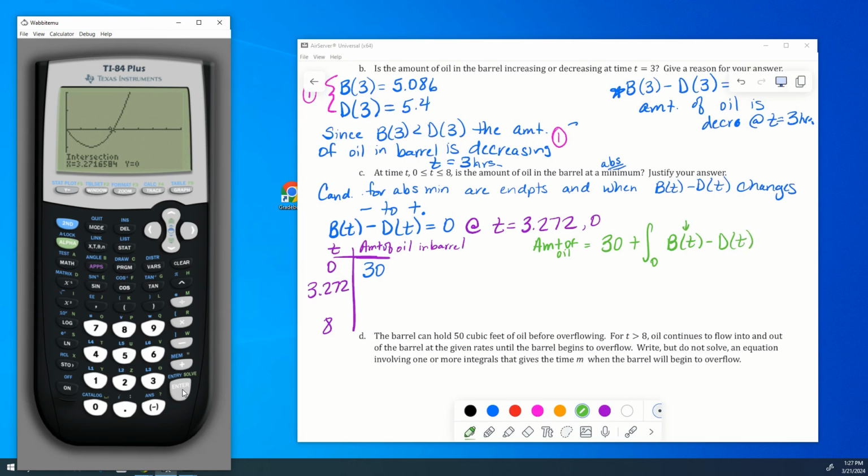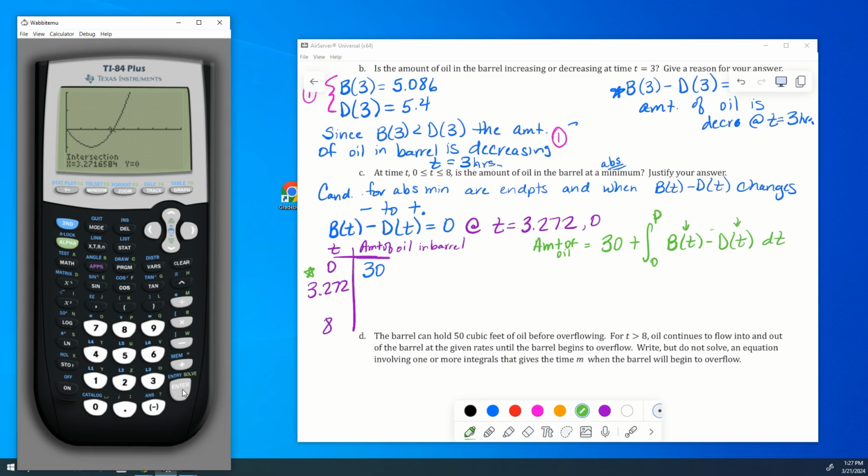What's coming in minus what's going out. I don't care what letter you put up here. I'll put C for candidates, or whatever letter floats your boat. I think I put P for Pruitt.